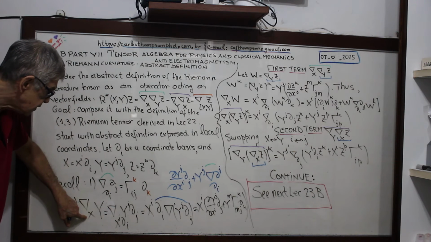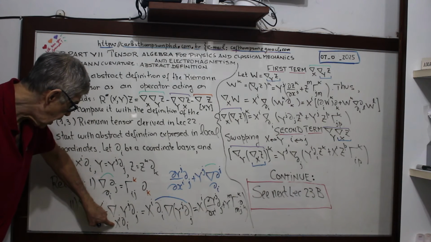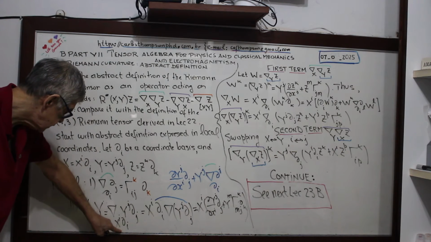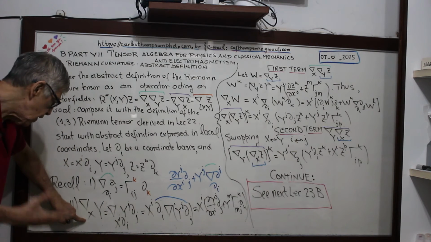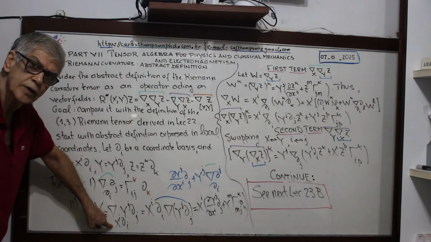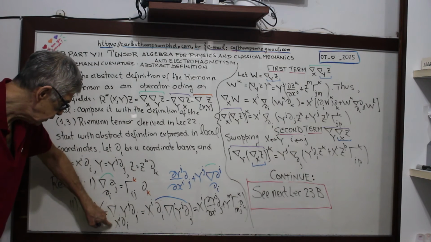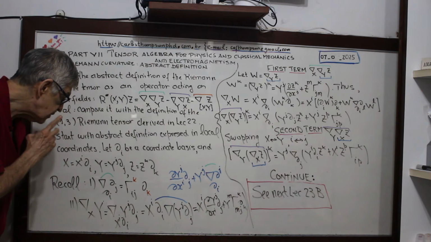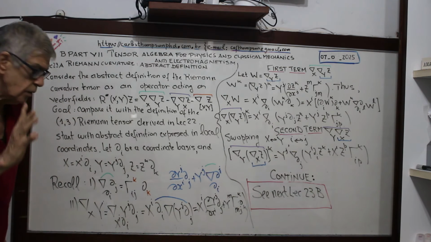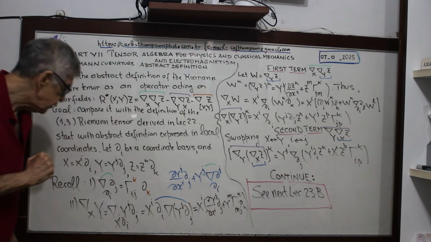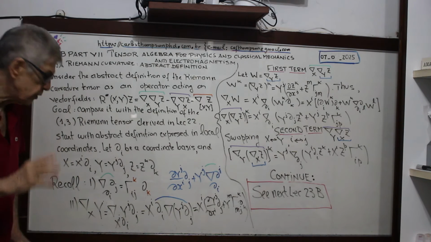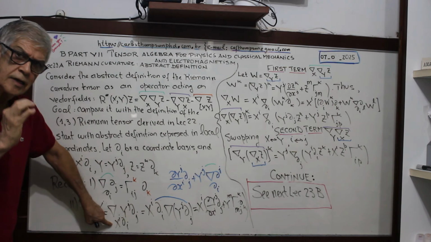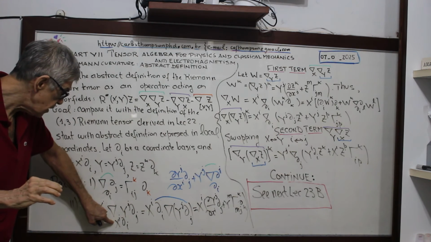This is capital X. This is X^i partial x^i, the vector X expressed in coordinates, the amplitude X^i, likewise Y^j. Then that's a very important property we derived, the property of the covariant derivative. You see, X^i is a scalar. Coordinates are functions, so this is a scalar.